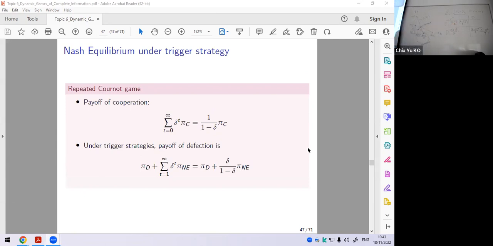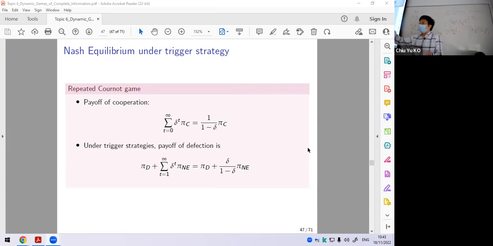If you deviate, you get one period of this gain and this forever. So we just need to check this is bigger than this, and you're done. You don't need to check whether you deviate otherwise, because this is already a Nash equilibrium. I'm going to check this one.